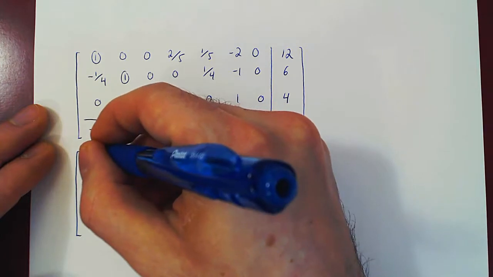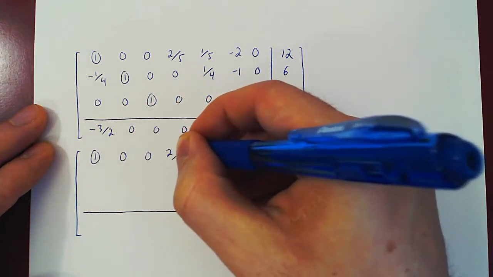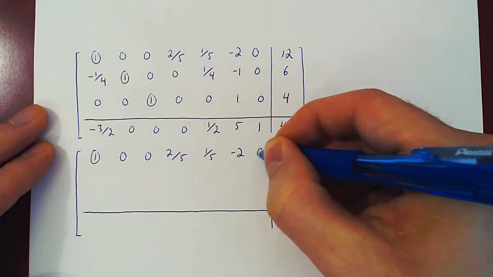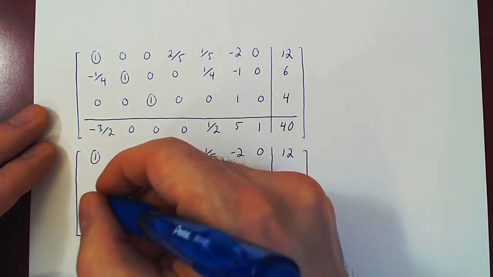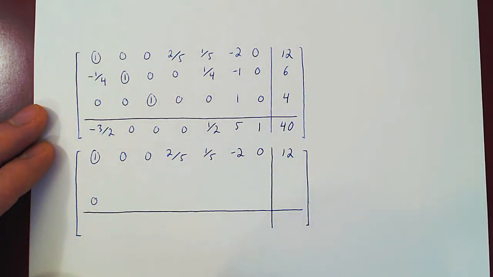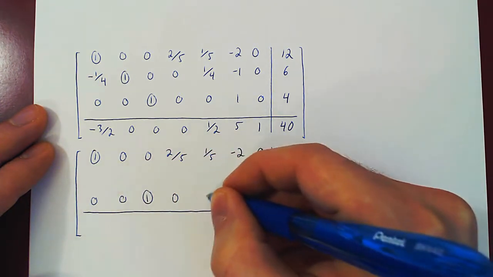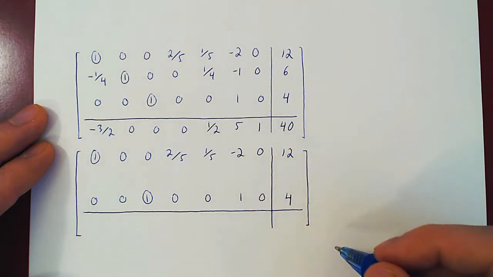So row 1 will stay the same. Row 3 stays the same. And now let's apply our operation.